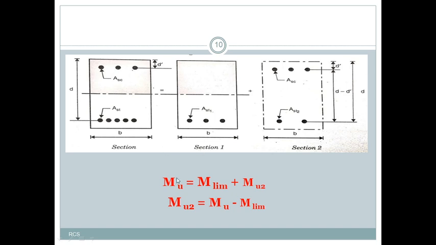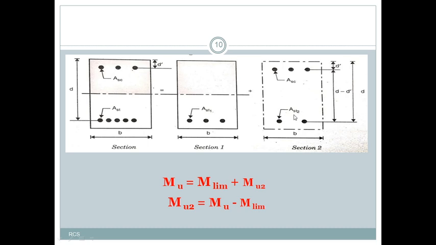So by knowing the value of Mu and Mu limit, we can calculate the moment in section 2. So Mu equals Mu limit plus Mu2. From that, Mu2 is equal to Mu minus Mu limit. This is how we calculate Mu2. Why should we calculate Mu2?